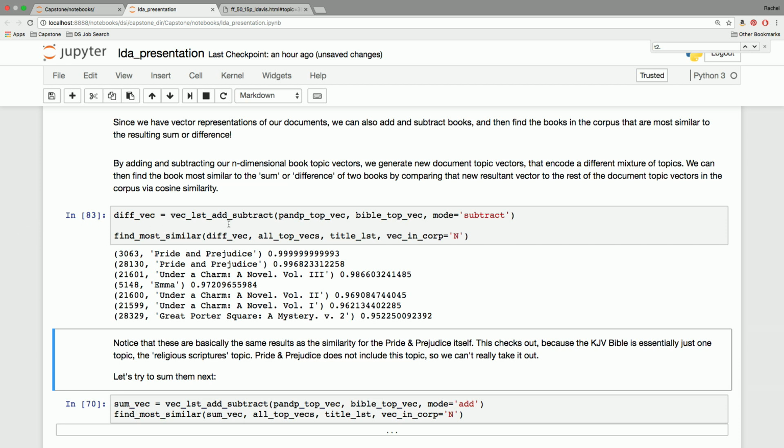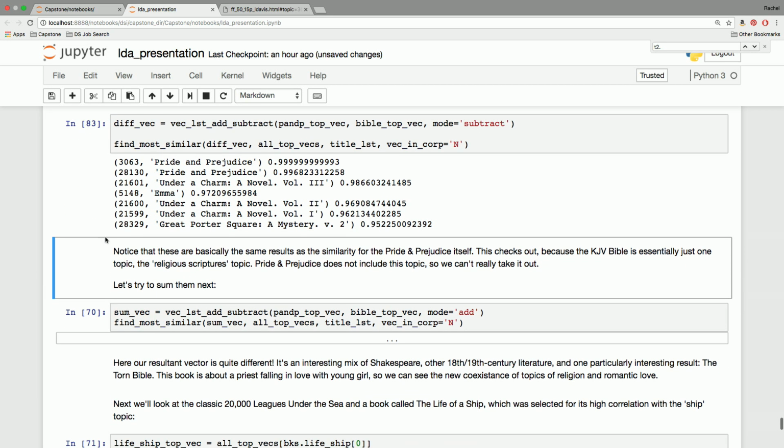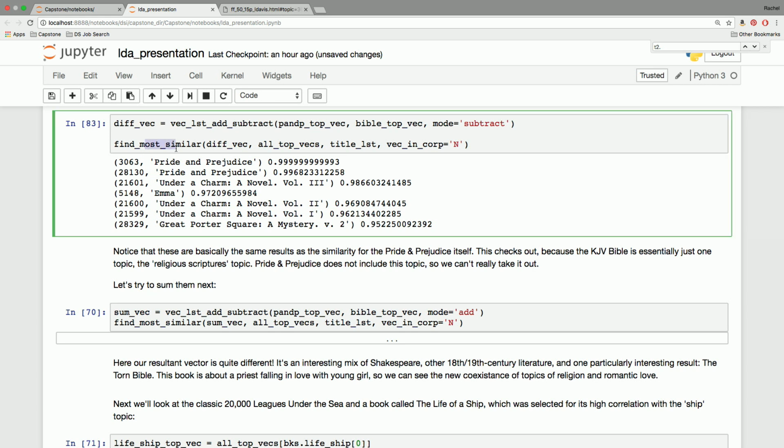So here I have subtracted the Bible from Pride and Prejudice, because that's something we can do with our document topic vectors. And our model's helper function has determined that most similar to the difference of Pride and Prejudice is actually the same list that came out of Pride and Prejudice when we just looked for straight similarity to that.